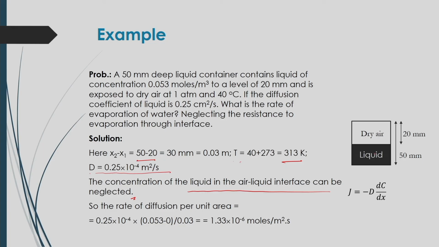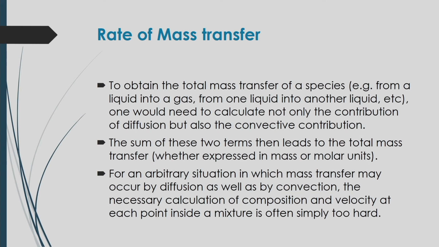So, the evaporation starts from this liquid concentration to the zero concentration of the air. So, the rate of diffusion per unit area can be calculated based on the diffusion equation of Fick's law. So, that will be equal to 1.33 into 10 to the power minus 6 moles per meter square per second.